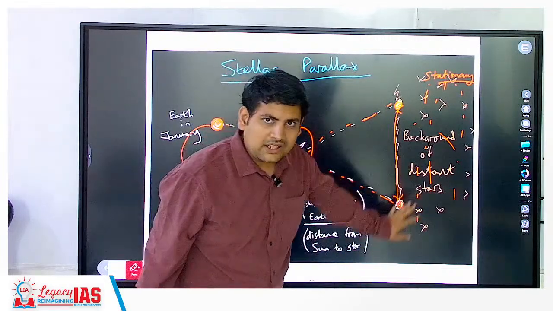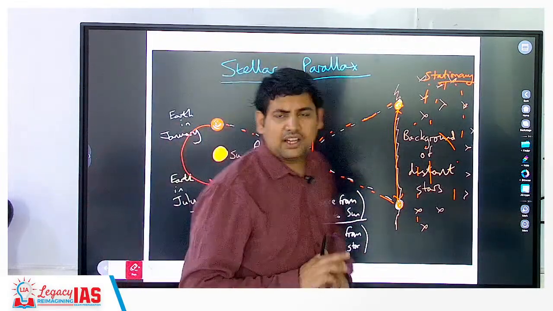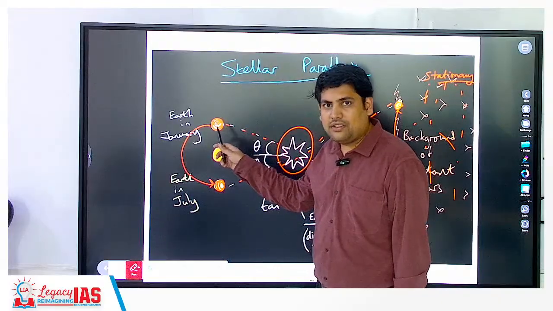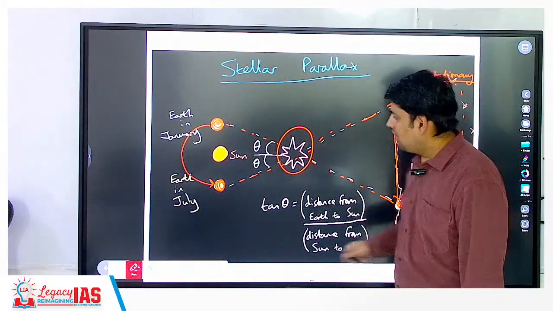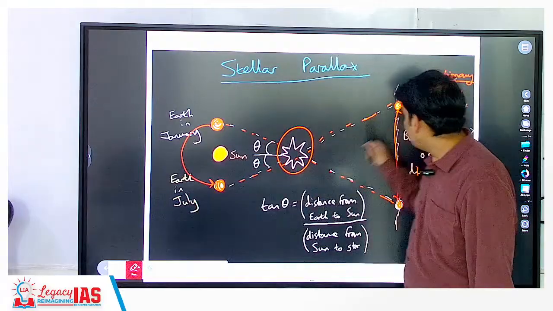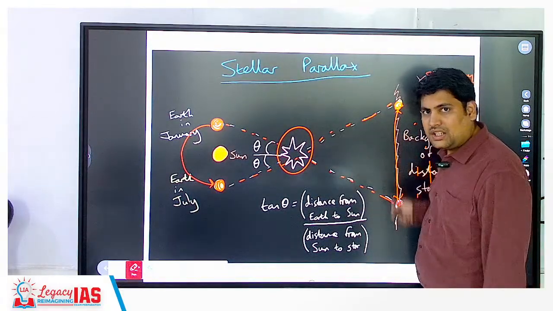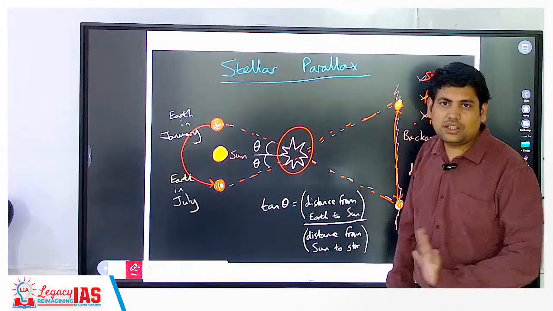Now once you get this, in a very simple way: earth in January sees the star, marks it, then earth in July sees the star, marks it. There will be some distance. This is the only thing that you need to understand.